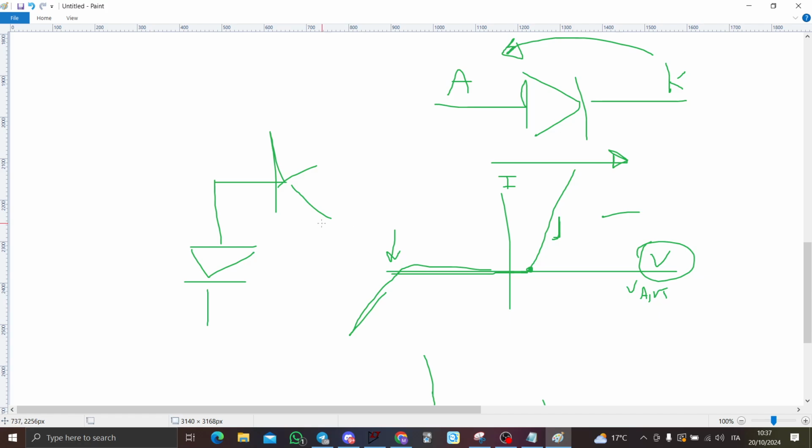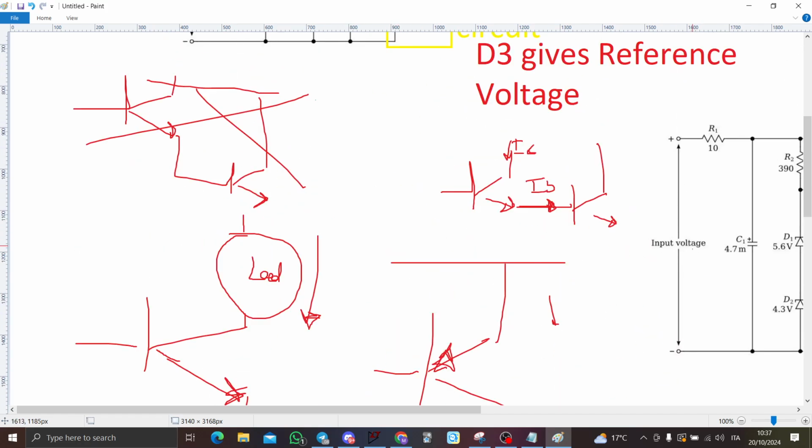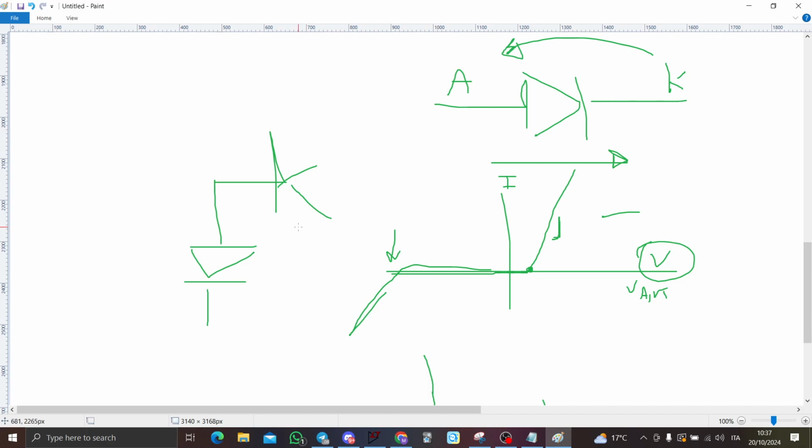So these diodes, since they are Zeners, if you put them in the other direction, they will actually conduct as a diode, and so they will basically become short circuits.